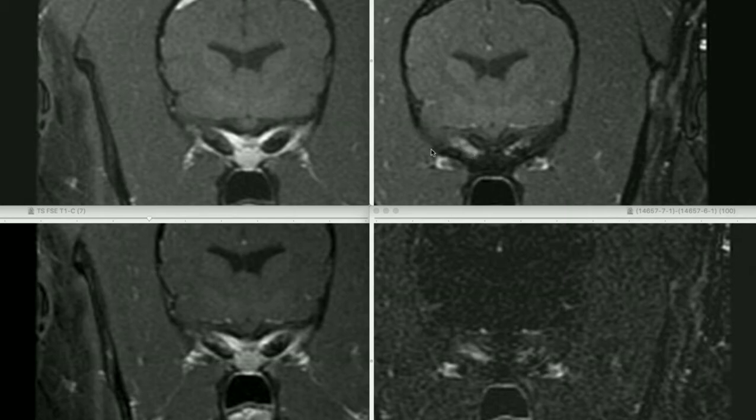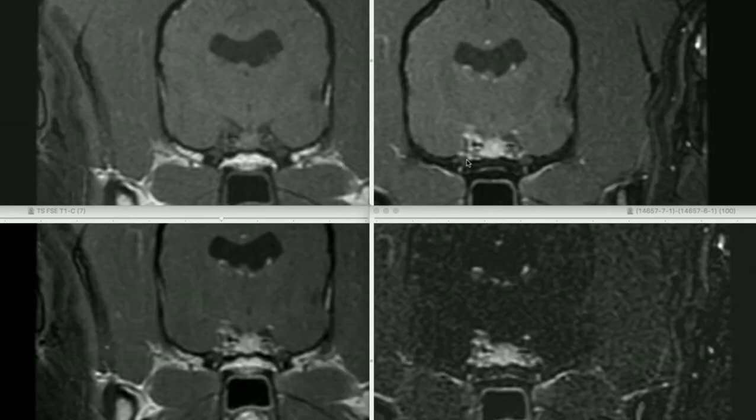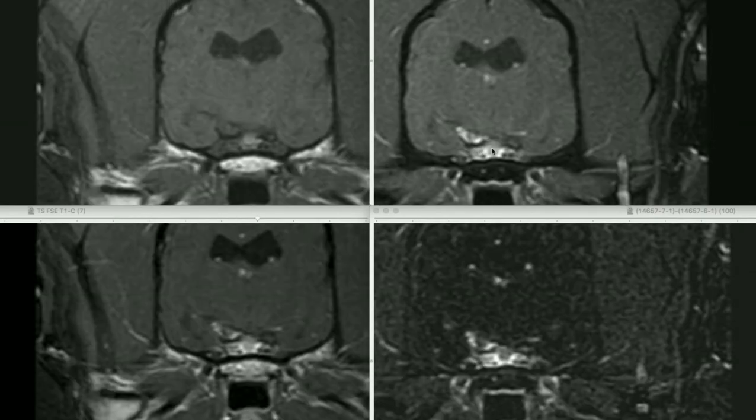So we can see this abnormal structure here, which is enhancing, which we don't really see on the contralateral side. So obviously the oculomotor nerve runs through the orbital fissure, and so the pathology here appears to be involving the oculomotor nerve plus the adjacent perineural tissue and meninges.